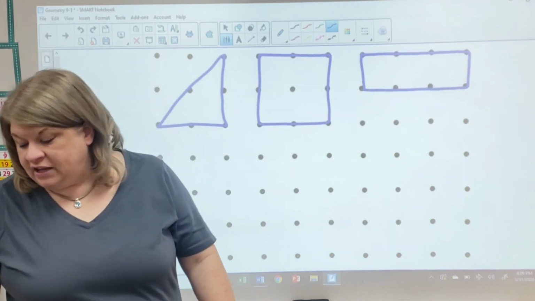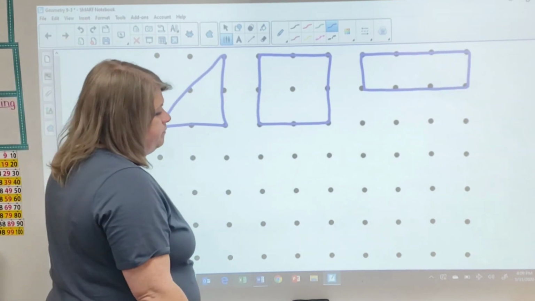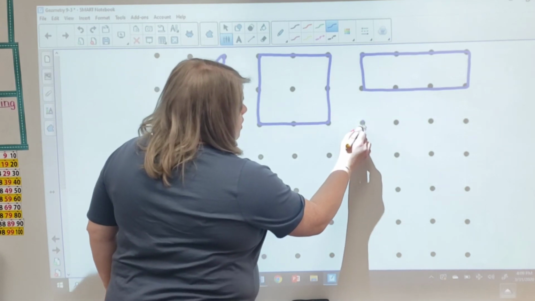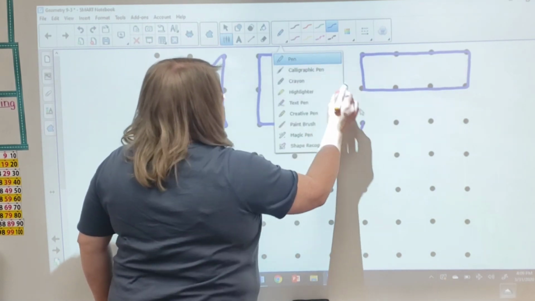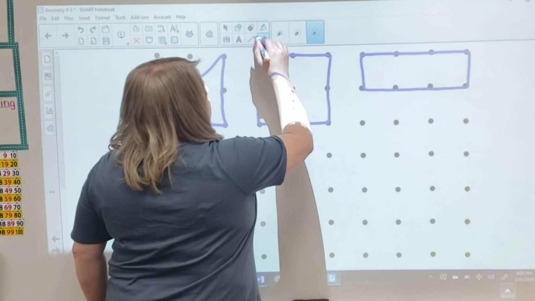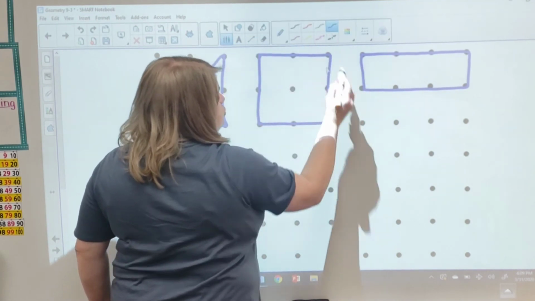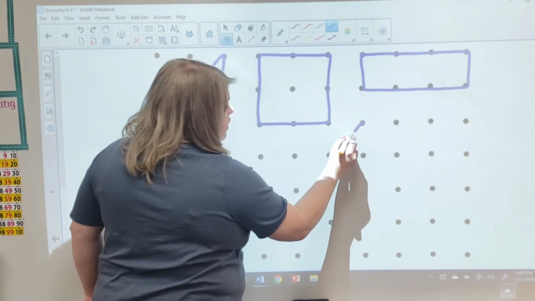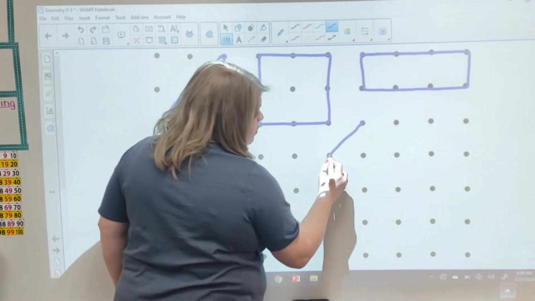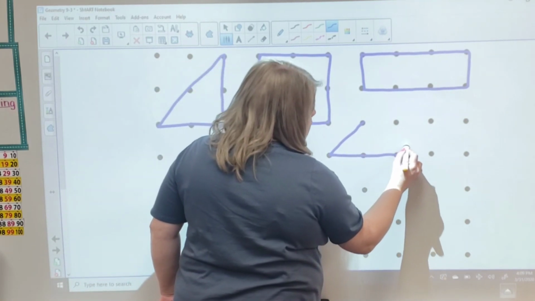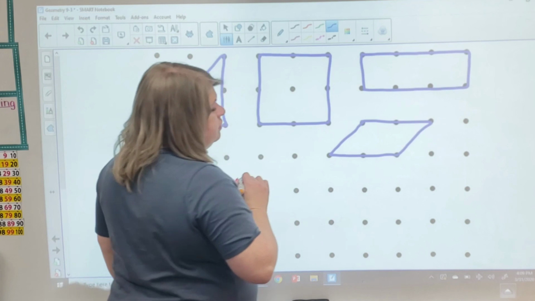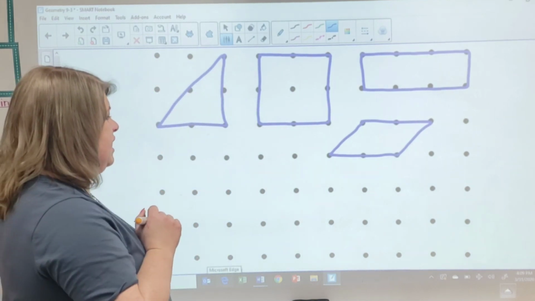The next shape I'd like you to draw is a rhombus. I'm going to draw my rhombus this way. I'm going to go over 2, up this way, and over here. I'm going to draw mine like that.